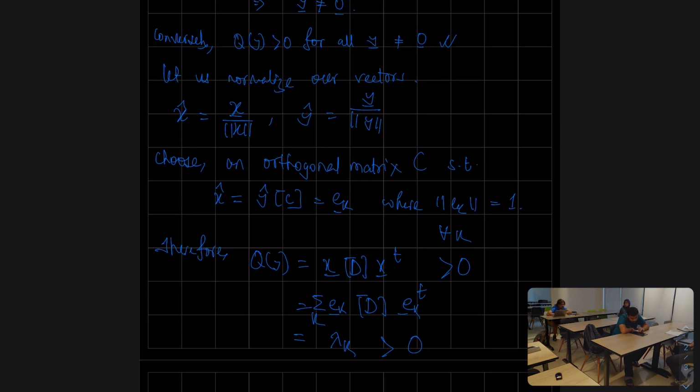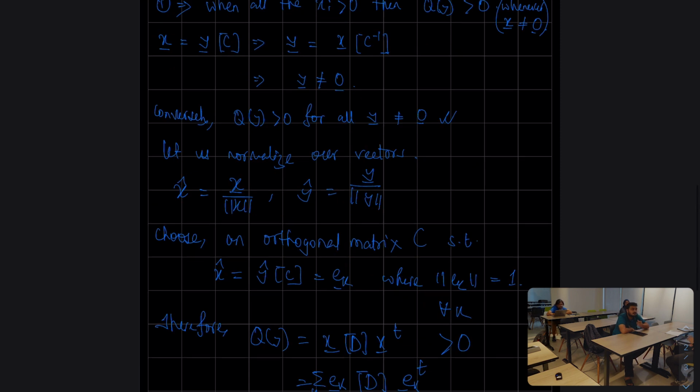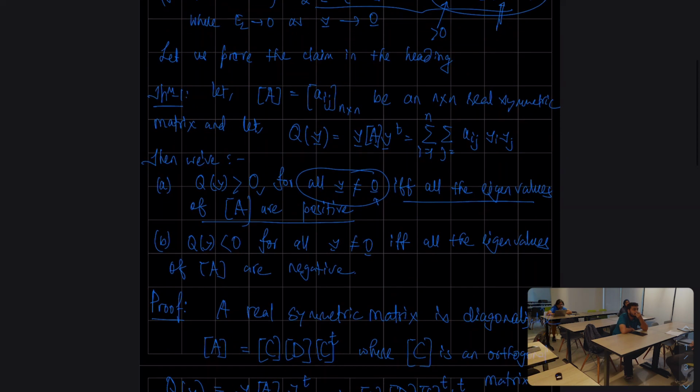But what is the theorem that you're trying to prove? Can you just remind me? We're trying to prove that a quadratic form is positive if all the eigenvalues are positive, provided the vector is not the zero vector, and it is negative if all the eigenvalues are negative. Yeah, that's why the converse argument went.